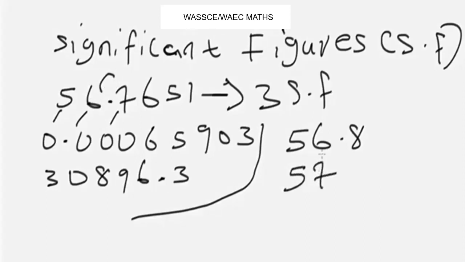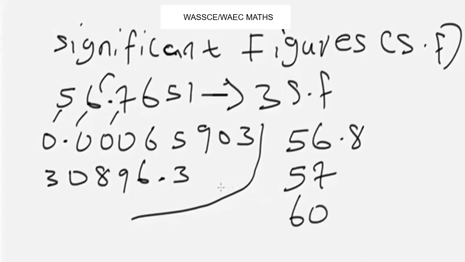Now, what if you are asked to round it to 1 significant figure? 5 is a significant figure here. The 6 after 5 is up to 5, and you take it as 1 and add it to the 5. So you're going to have 6. Now this 6, you replace with 0, and that will be the answer.